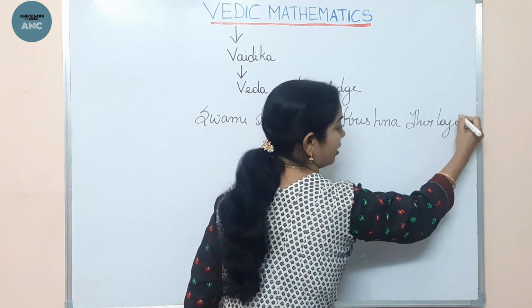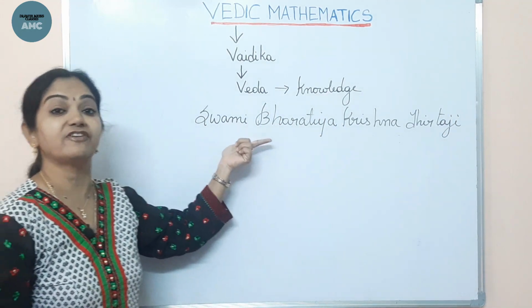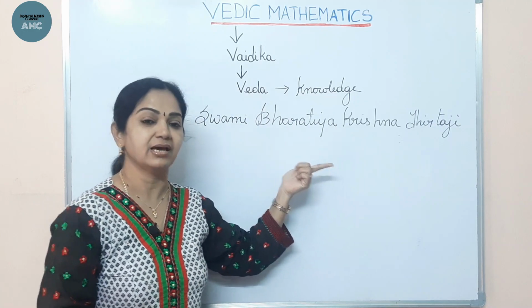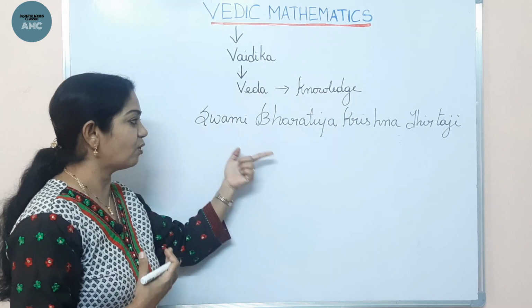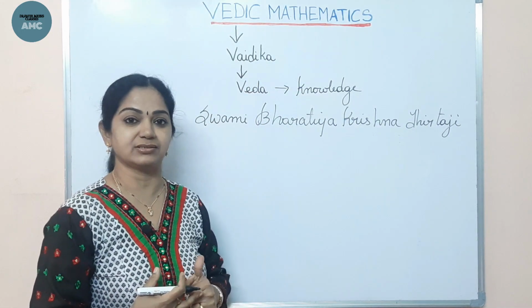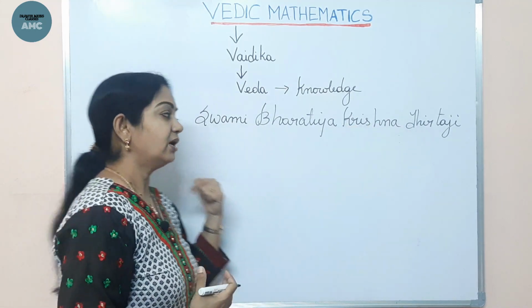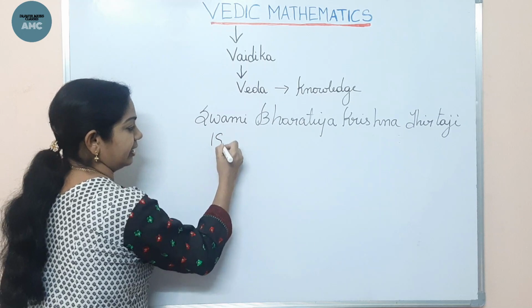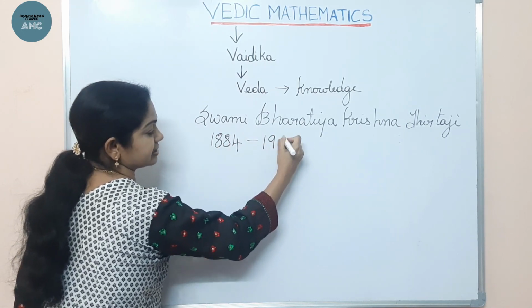He is called the founder, and also the father, of Vedic mathematics because 99.5% of his contributions are in Vedic mathematics. Swamiji was born in 1884 and passed away in 1960.